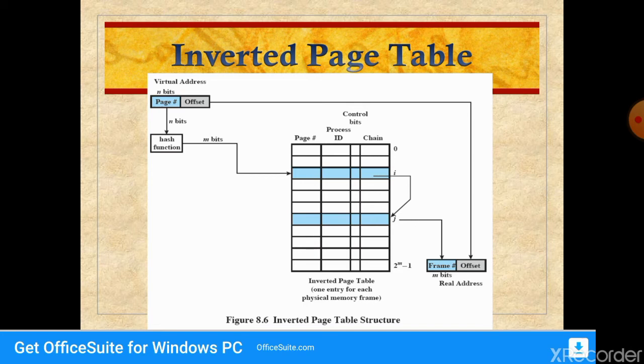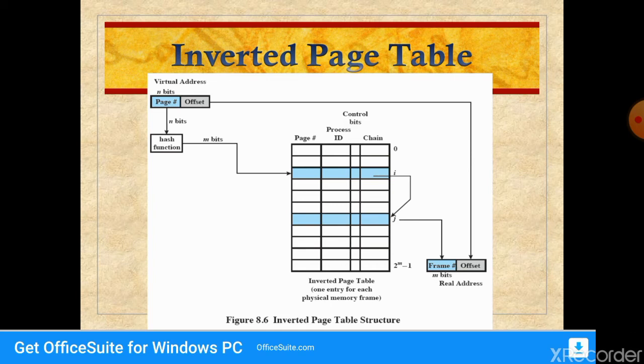But if the entry is already filled for some other page number, then a new location has to be provided for the same hash value. For example, page number 5 is mapped to frame number 3. If the entry in the inverted page table at index 3 is free, it is filled for the first time.